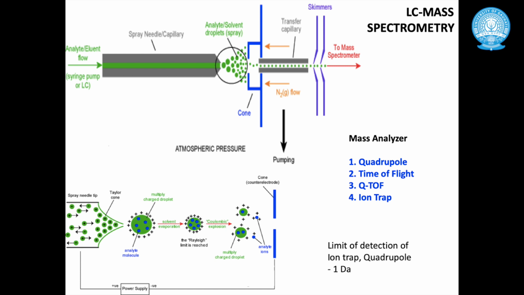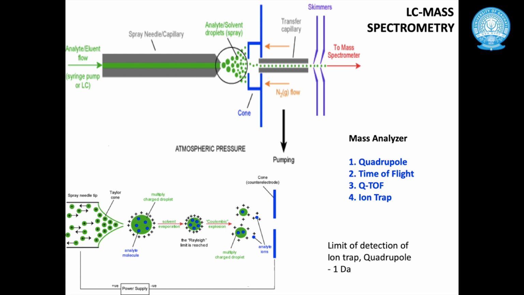That was about volatile compounds, but when the mass spectrometry is coupled with HPLC, we will be able to study the mass of polar compounds which are non-volatile in nature, which cannot generally be analyzed using gas chromatography.